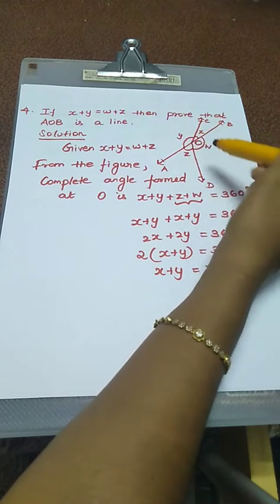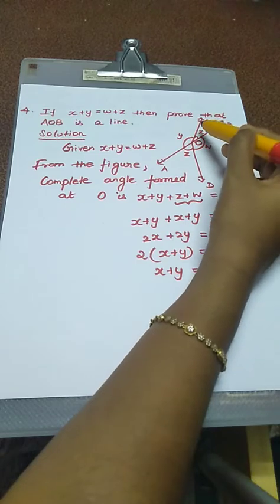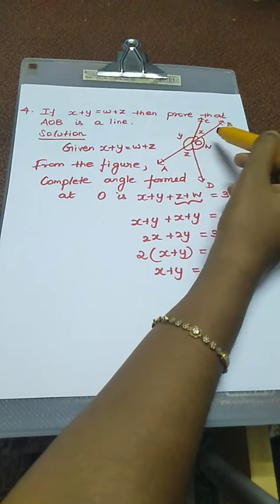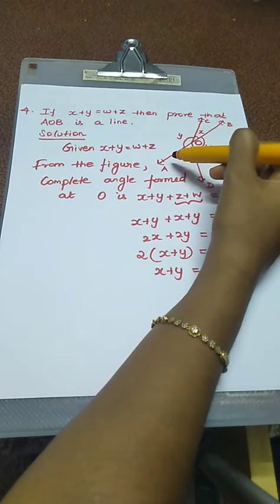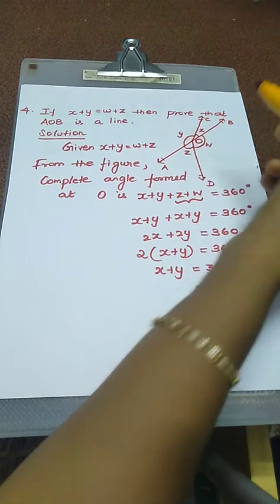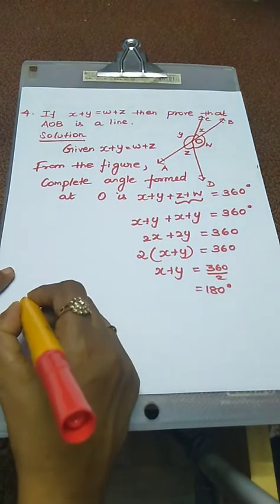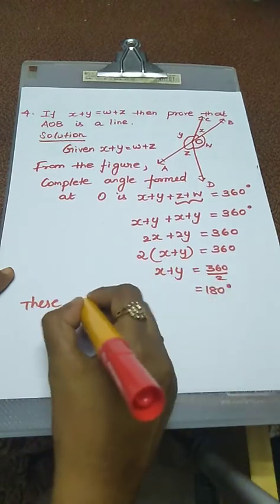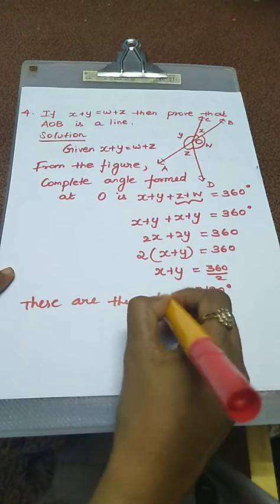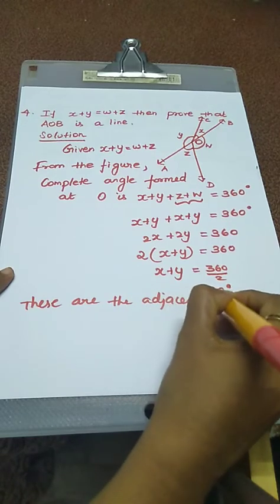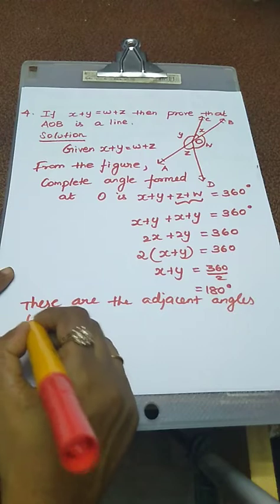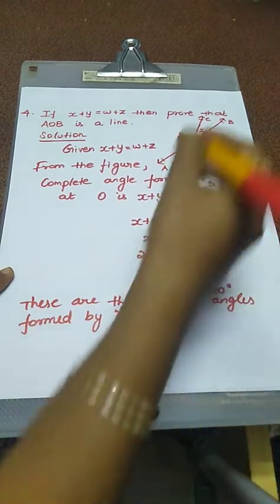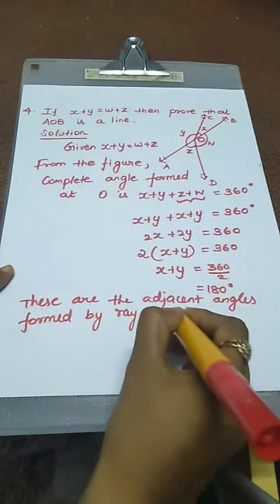Now, x plus y is equal to 180 degrees means, using the linear pair axiom, the sum of the two adjacent angles is 180 degrees. Then the non-common arms of the angle form a line. So we write angle AOB is a line. You just write: x and y are the adjacent angles formed by ray OC. This ray OC stands on line AB.